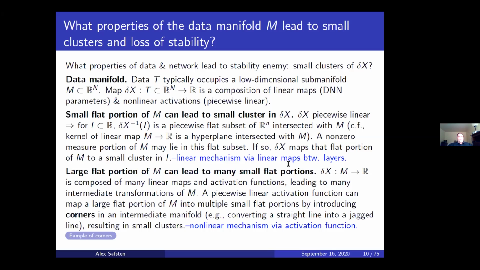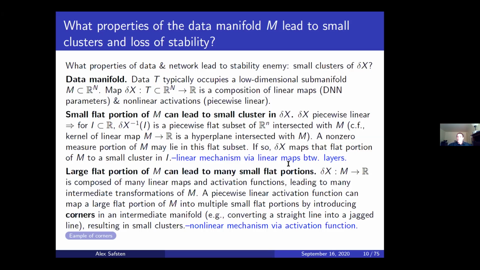And so a large flat portion of the data manifold is not inherently a problem. However, this large flat portion could be mapped first, before it ends up in the real numbers, to an intermediate manifold by the activation functions of the neural network, which remember are piecewise linear. And these piecewise linear maps may break the large flat portion of the data manifold into several small flat portions. Consider, for instance, a long flat line that gets broken up by a piecewise linear map into a jagged line with several small flat pieces. So this is another potential source of instability.